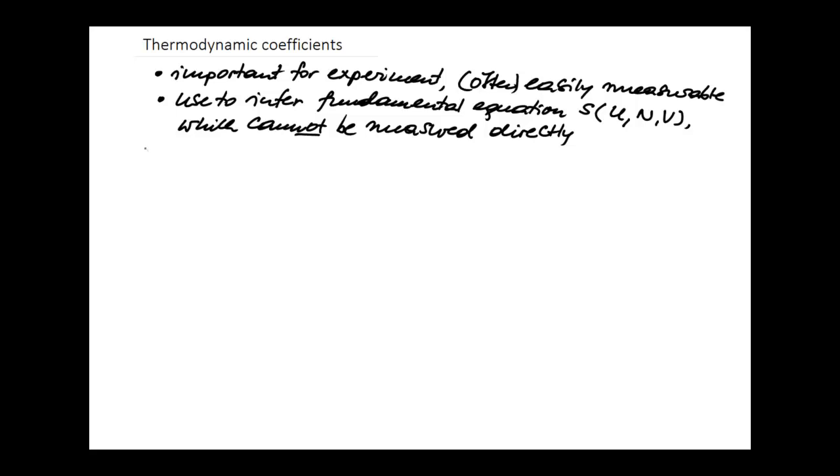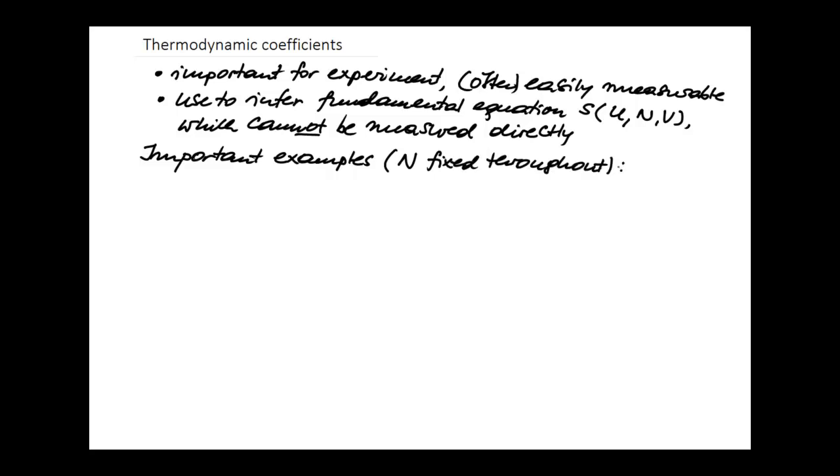Let me start the discussion of thermodynamic coefficients with just a list of important examples that often occur. And in all these examples, I will assume that the particle number is fixed throughout. So I will not write explicitly that in all these examples, particle number is kept fixed.